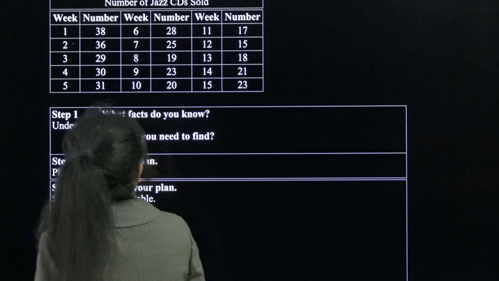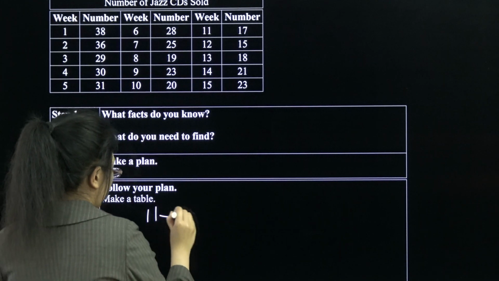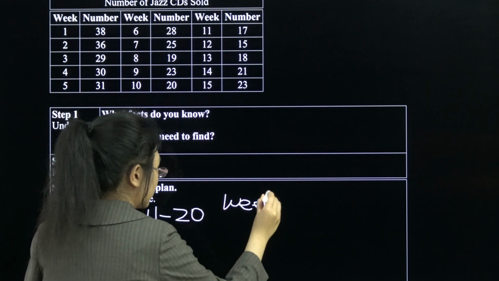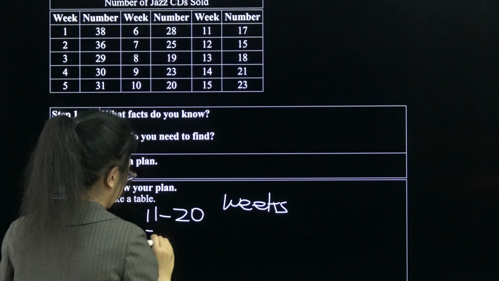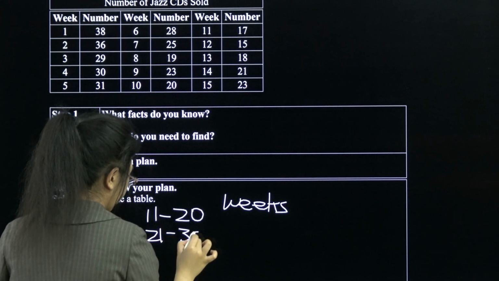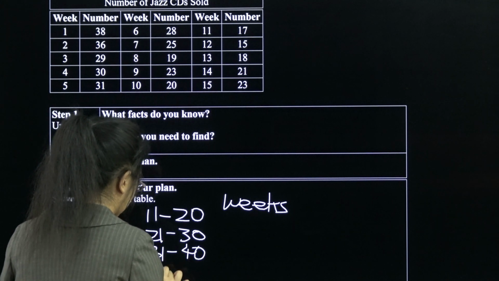It asks for, let's say 11 to 20 CDs, weeks, 21 to 30, 31 to 40, 41 to 50.